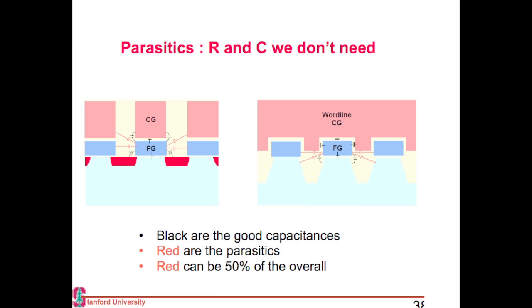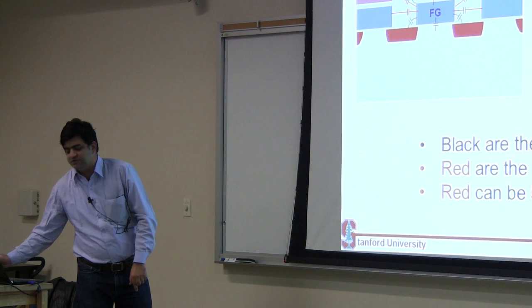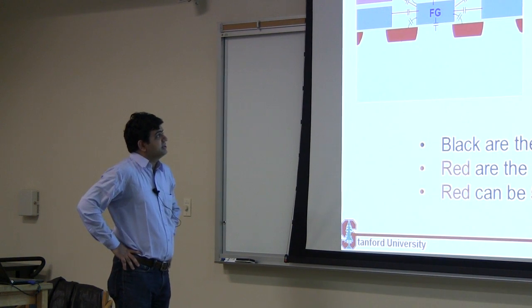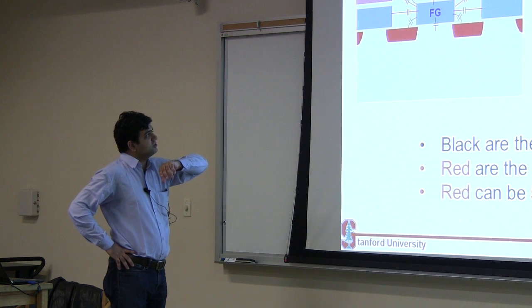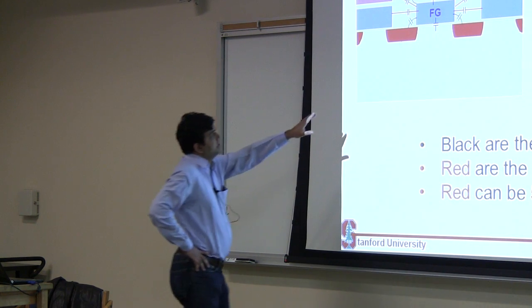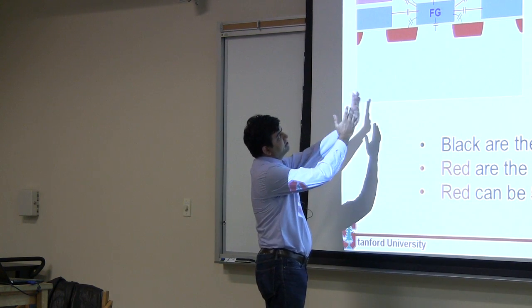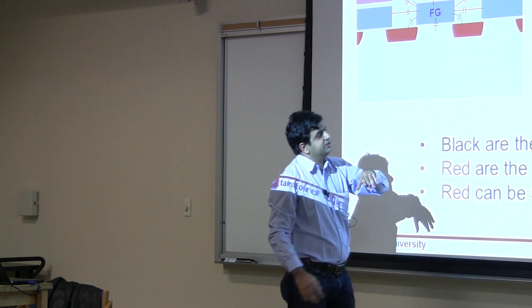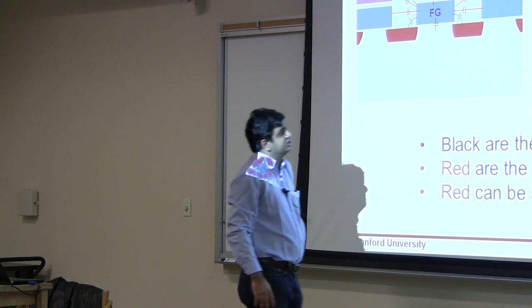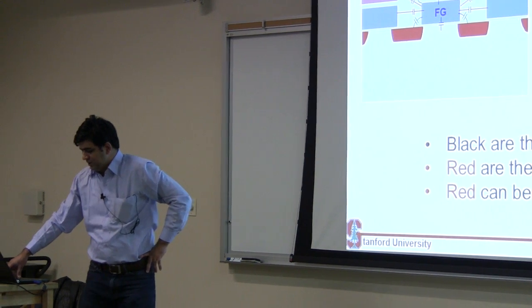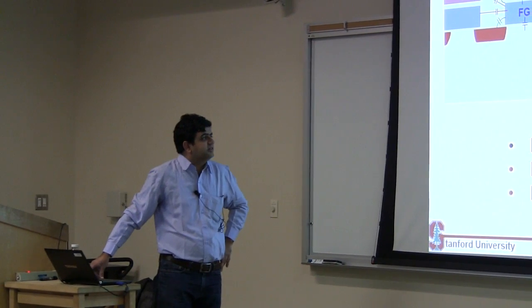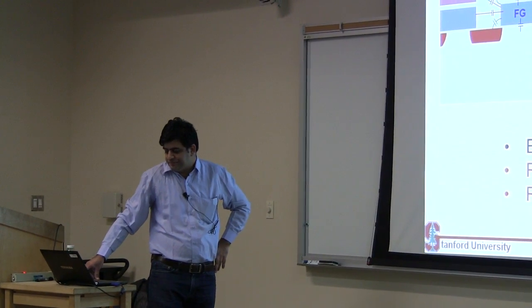And these fringe capacitances can be up to 50% of the total self-capacitance of your floating gate. They will become even worse if you bring these bit lines and word lines closer. So this is becoming an even bigger problem as you scale these devices.